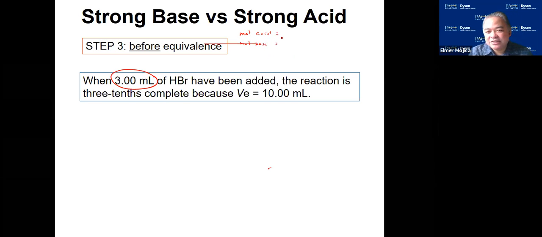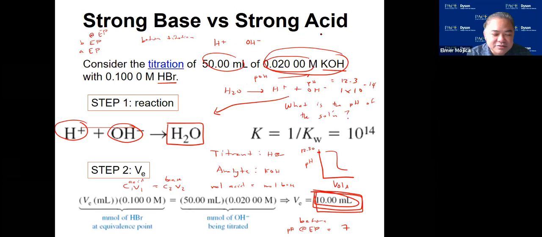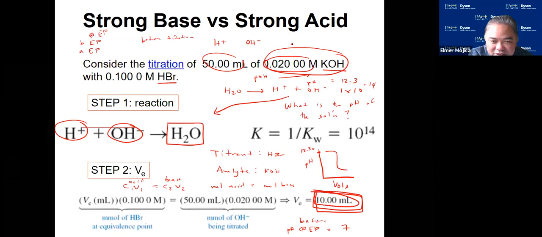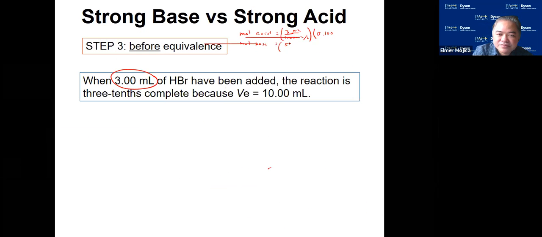So the moles of the acid would be equal to what? 3 over 1000 ml per liter. And then what's the molarity that we have there? 0.1. Now for the other one, it is 50 divided by 1000, and then you have 0.02 molar.